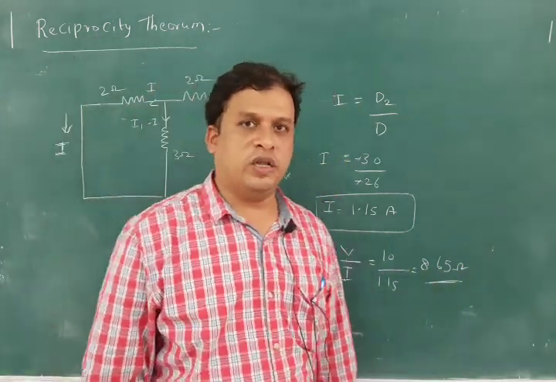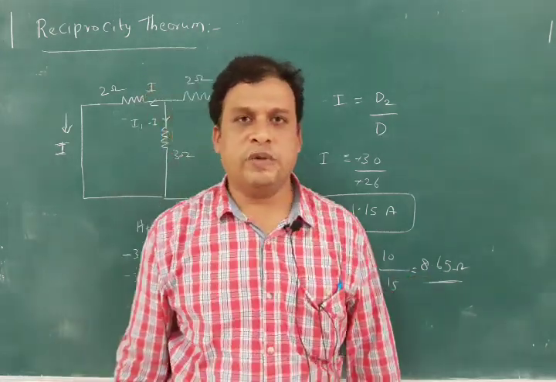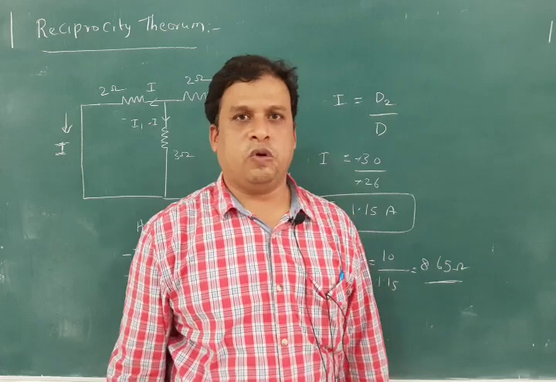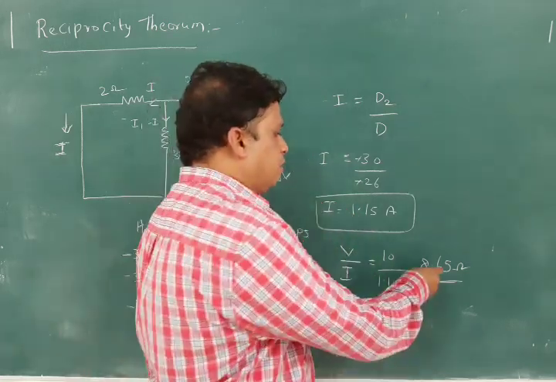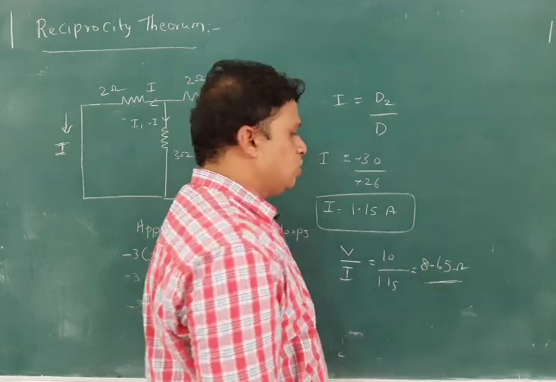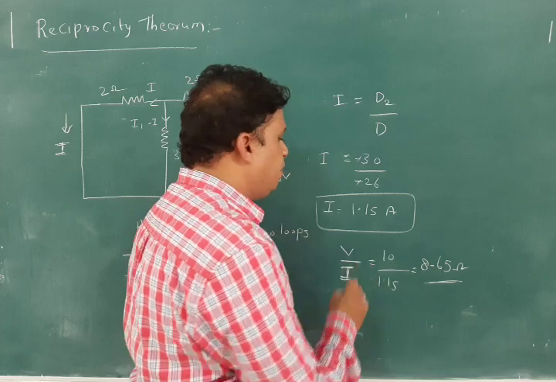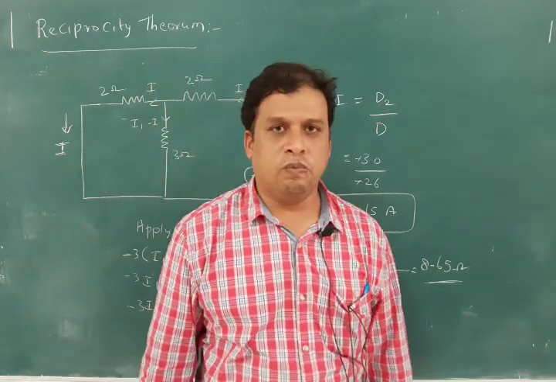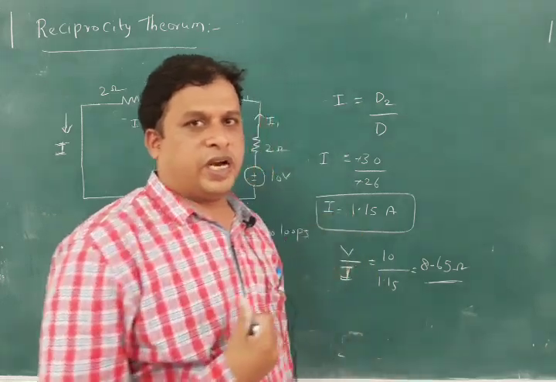Previously also we got the same ratio, V by I is equal to 8.65, and now also we got the same ratio 8.65. So it is approximately or completely equal. Some decimal points may vary, but we have proved that V by I is equal to 8.65 in both problems.